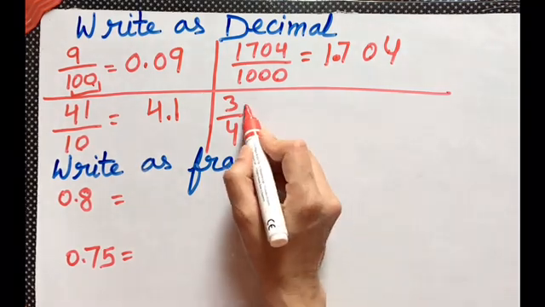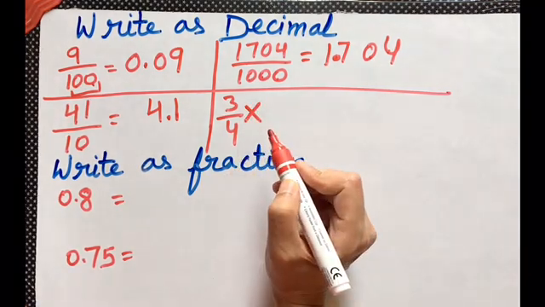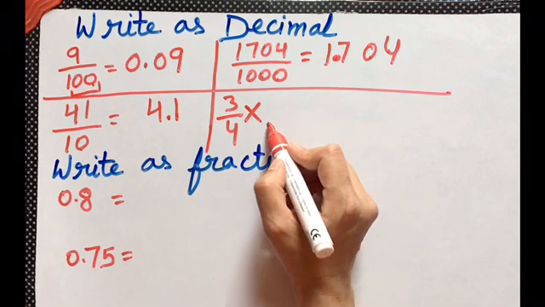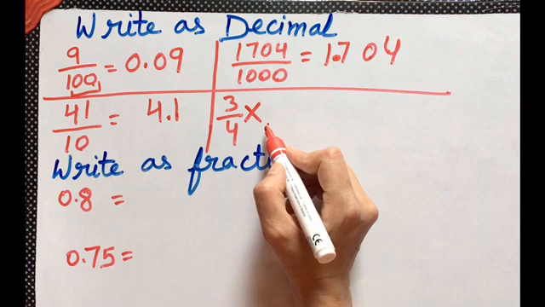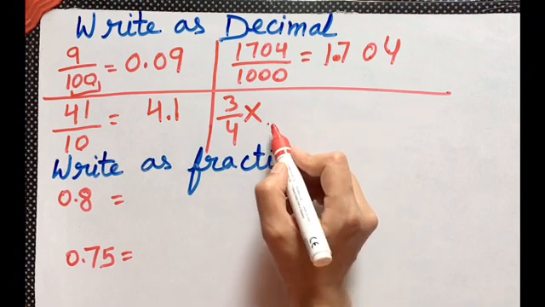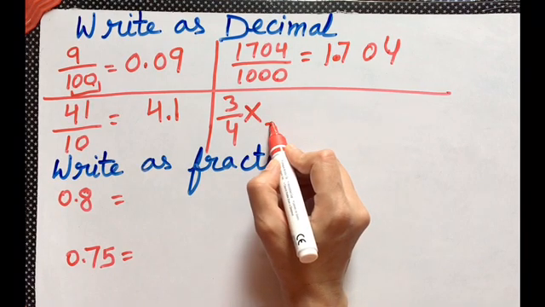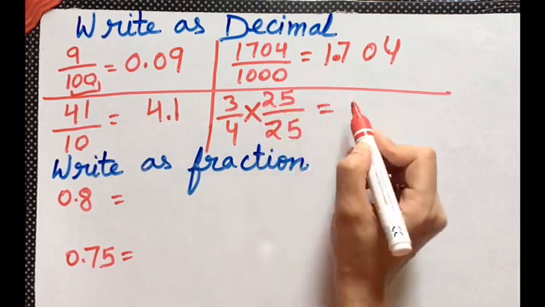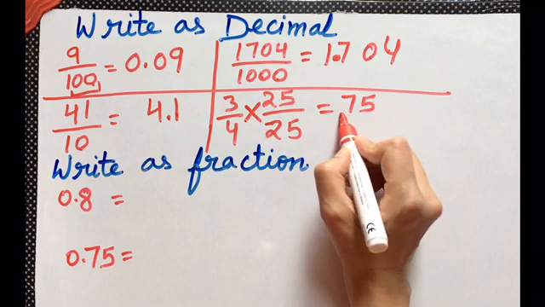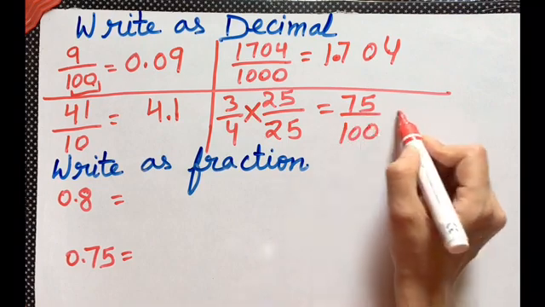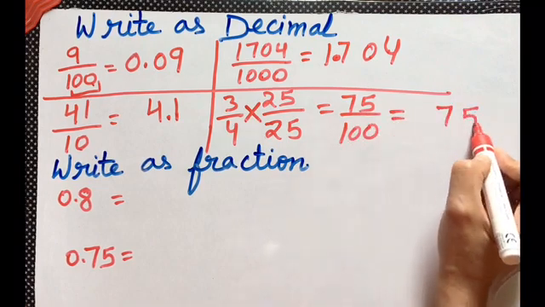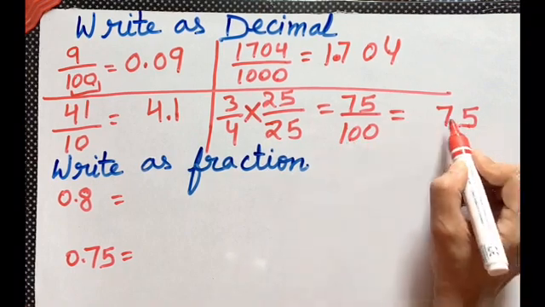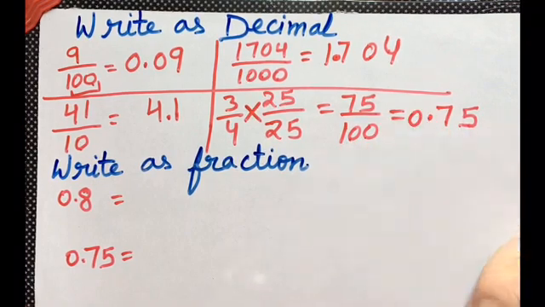So in order to make it 100 we will have to multiply it with, what will we multiply with? 25. Yes. So it will be 75 upon 100. Now you can write it in decimal form. So it will be 75, 1, 2, 1, 2 and the decimal and the 0.